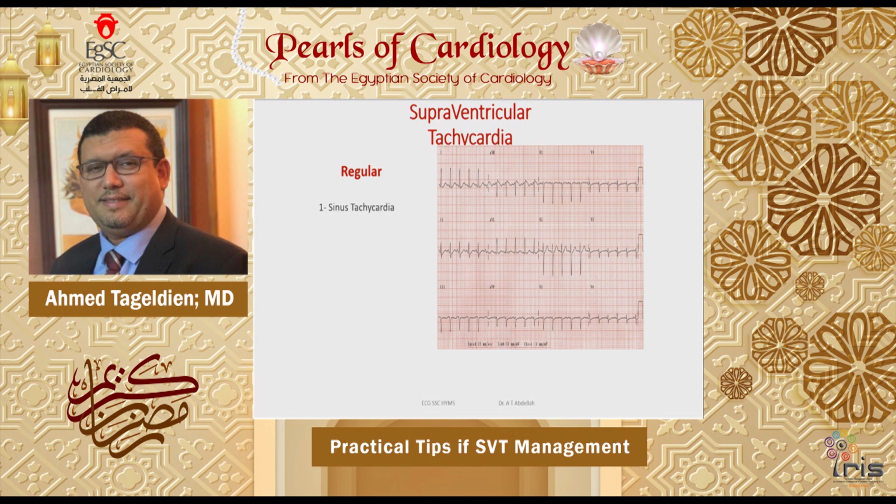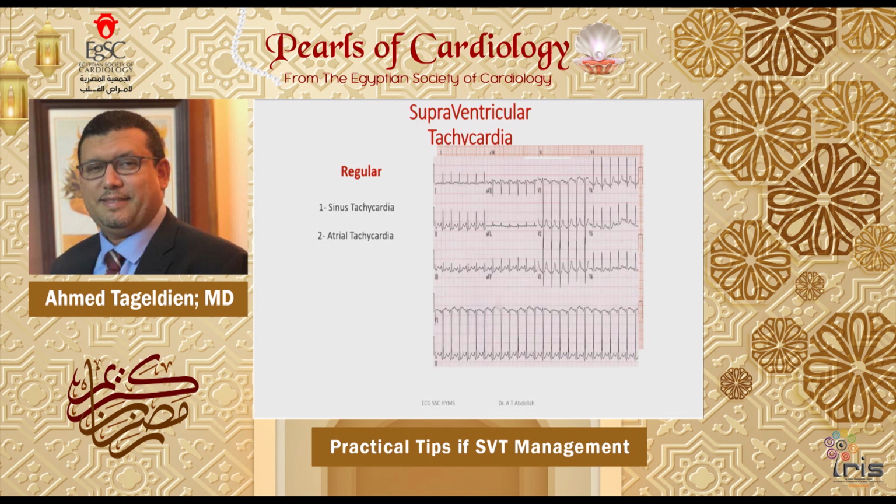In sinus tachycardia, it looks like the normal ECG with heart rate more than 100 beats per minute. In atrial tachycardia, P waves are abnormal, sometimes inverted in lead 2 or very close to the QRS complex and not as the normal sinus, which has an axis of 60 degrees, and usually it is very fast with sudden onset, sudden offset.